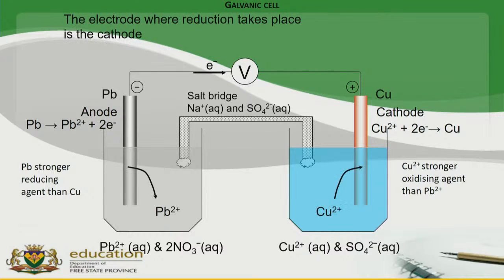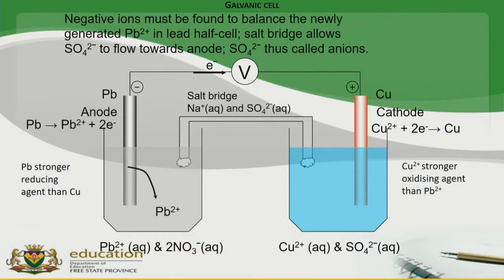Now, since on the left hand side we have more positive ions, what happens there? It means the salt bridge must allow the negative ions to migrate towards the lead electrode, the lead half cell. Why? So that it can maintain electrical neutrality. That's what you always say to us.